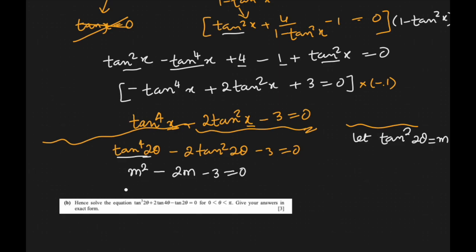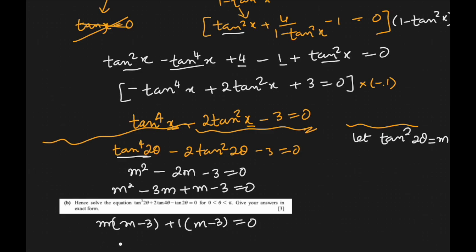And I can split the middle term to get this answer. So I'm splitting minus 2m into minus 3m and m, because the factors of minus 3 are minus 3 and 1. That's why I did this, equal to 0. So if I take m common here, I'll be left with m minus 3 plus 1, m minus 3 equal to 0.